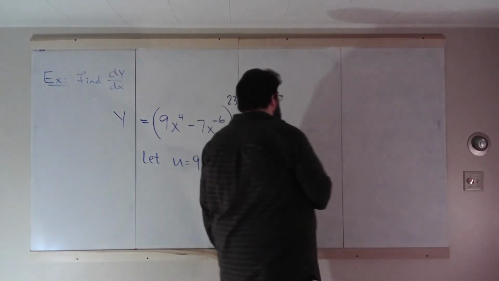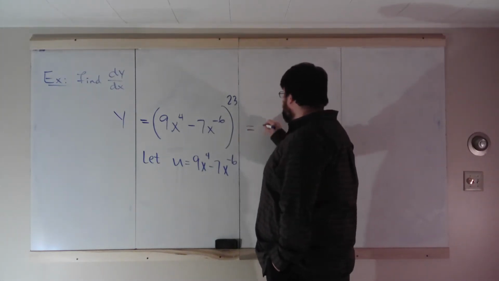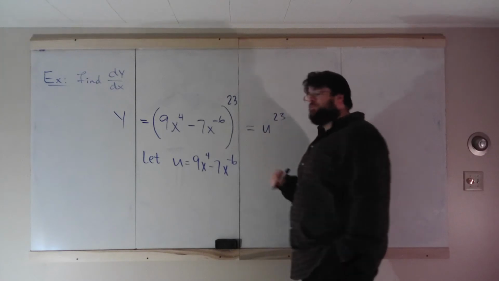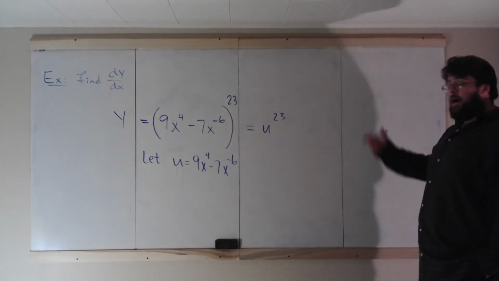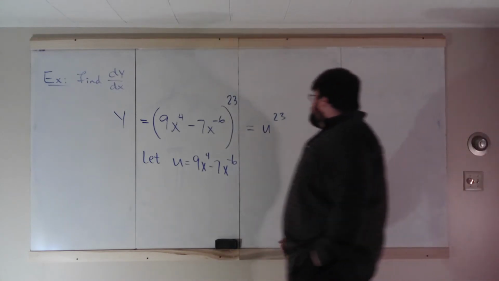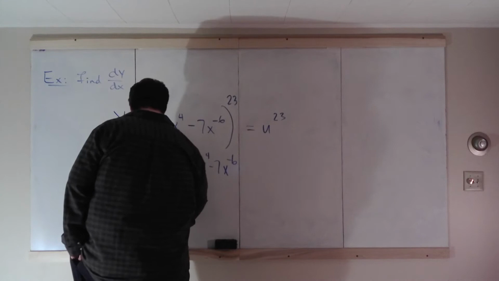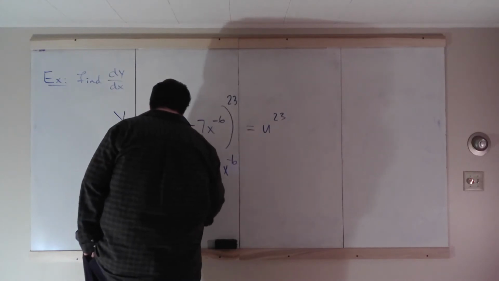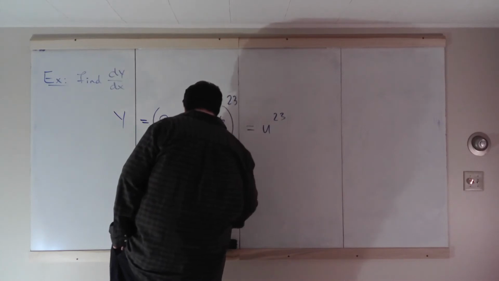Well, we have our y, we have our u. Y as a function of u is now just u to the 23rd, and we can now use the power rule that I just erased. So what do we have here? dy dx is dy du times du dx.